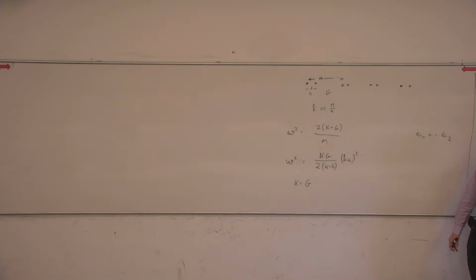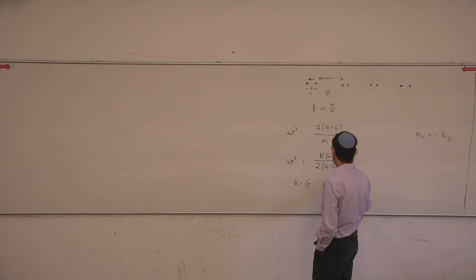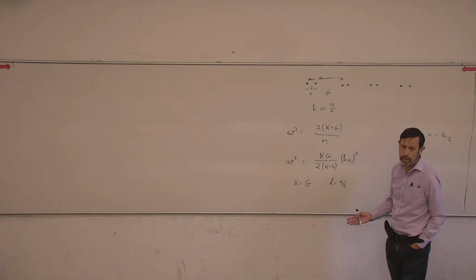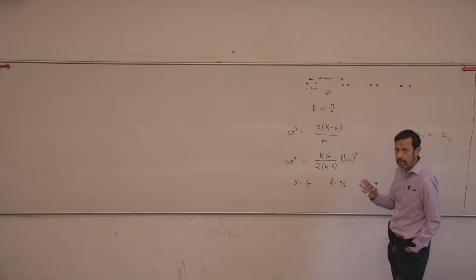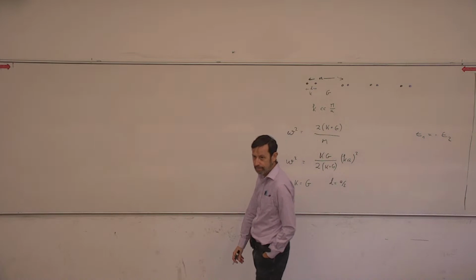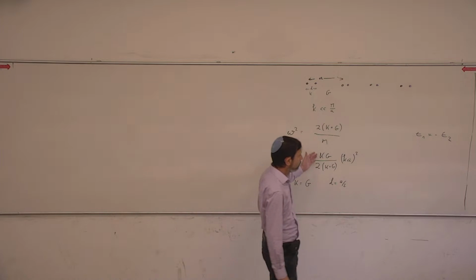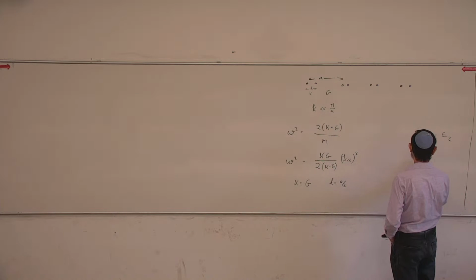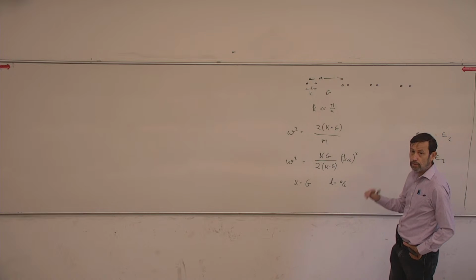Then we can even take d equal a divided by 2. d doesn't come into the solution at all, and then we have exactly the previous one-dimensional case with one atom per unit cell. So how come here I have two solutions, and there I had one solution?